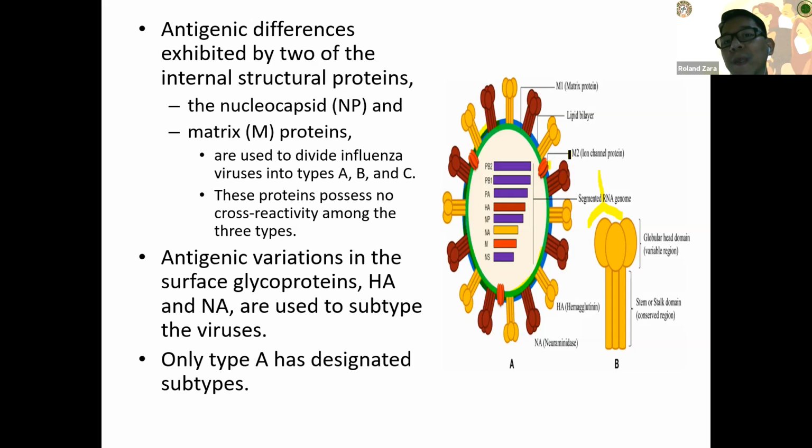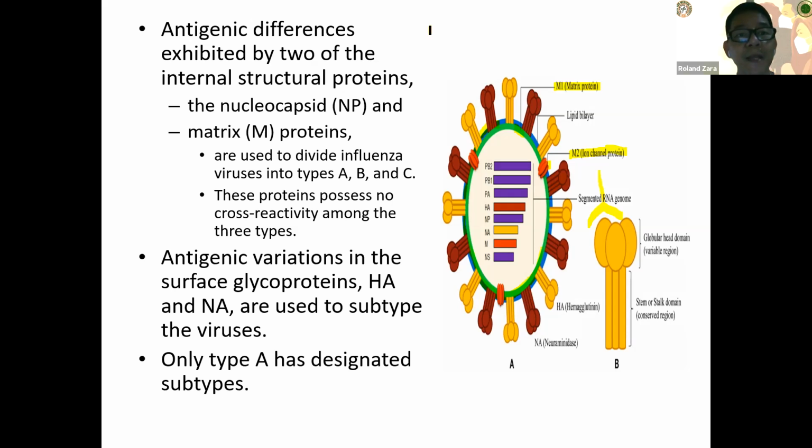M2 is responsible for the ion channel protein, where your ions usually enter. And the green one is your M1 protein, 40% of which is made up, so it's linked here to the envelope. And your neuraminidase usually has 4 heads: 1, 2, 3, 4. So your neuraminidase is usually tetrameric.